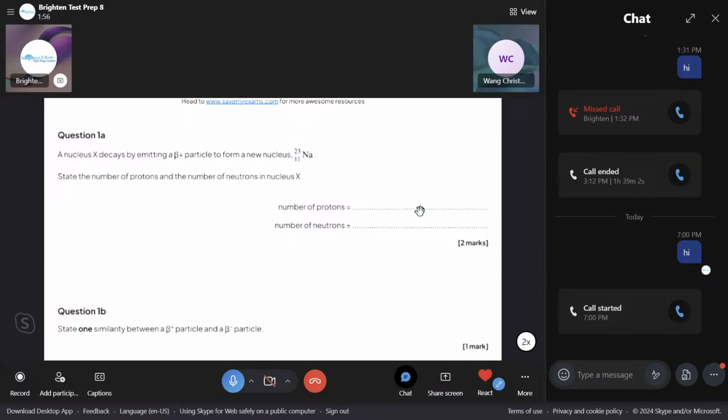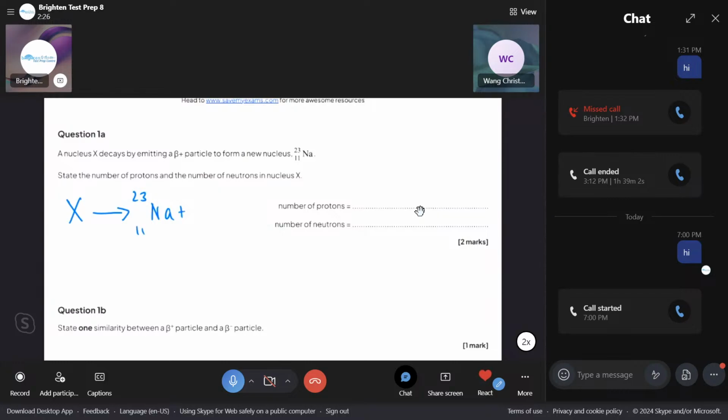We can do this, but I would like to start with the typical decay. We start with the sodium, 11, 23. So, into what does the unknown nucleus decay?